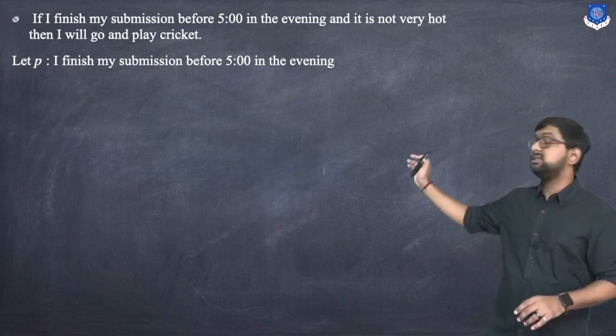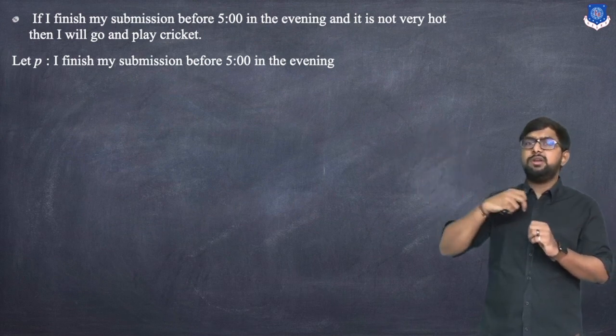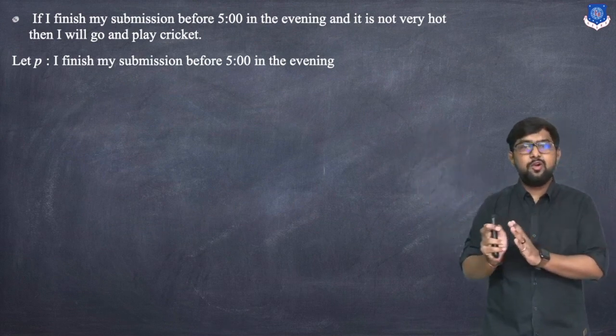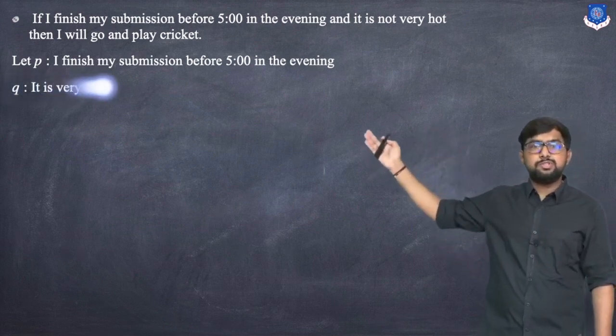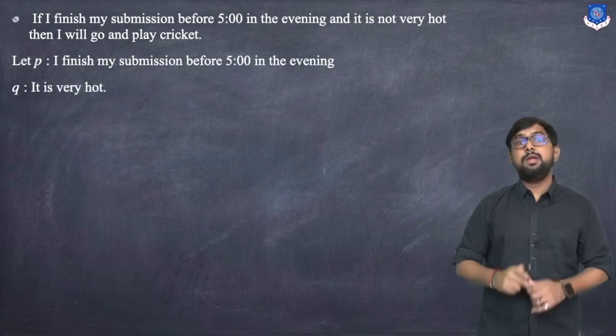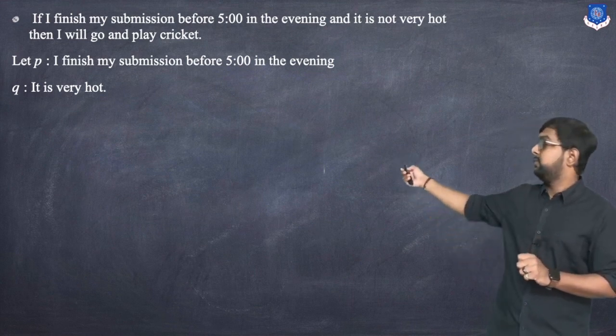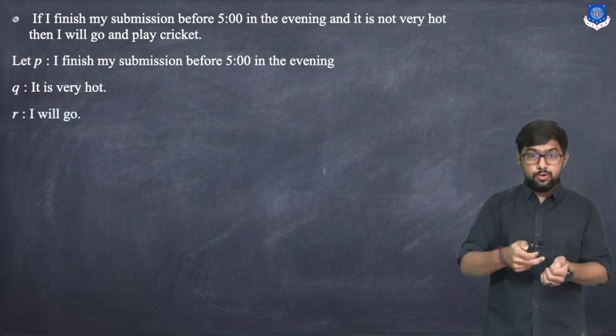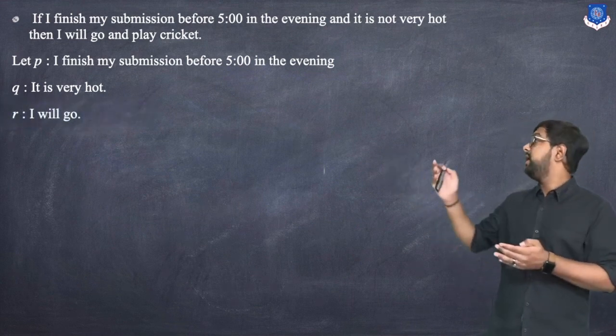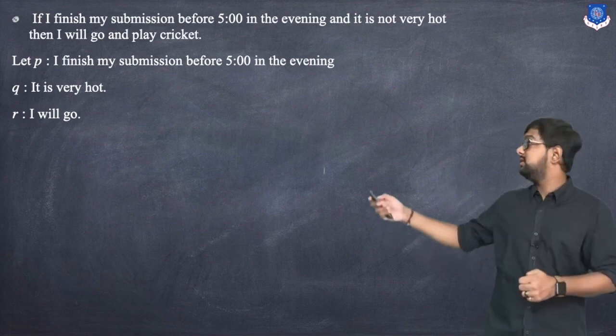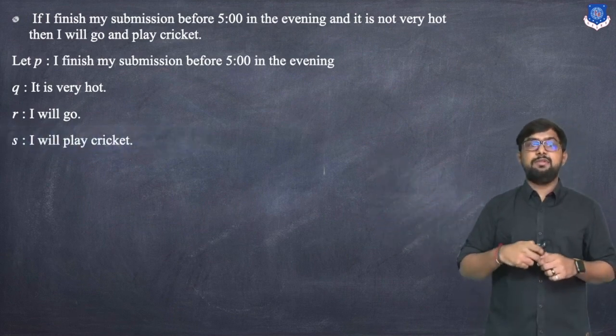Again, it is the negation form, so we will convert it into the positive manner. So Q equals it is very hot. That is also a proposition. The third part is I will go. This is the third statement, and is also a proposition. And the fourth statement, I will play cricket.